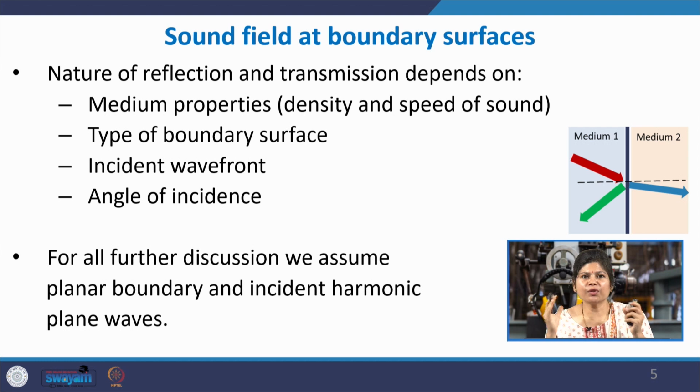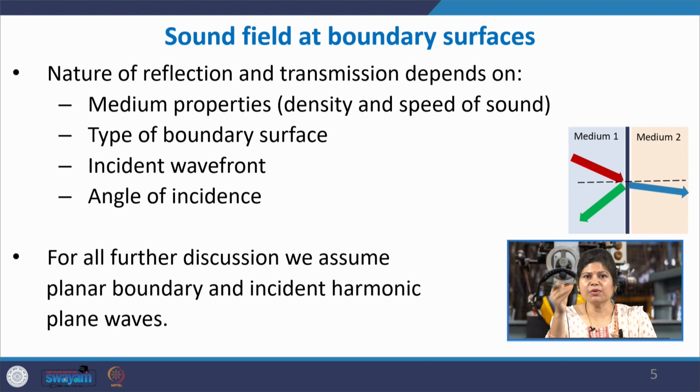Again, if you are thinking like a noise control engineer, as soon as you know there is a change in the medium, you see that some wave is reflecting back and only some portion is getting transmitted. So the first thing that comes to mind is that, suppose I have some machinery and I want to control the noise, let me put some barriers or different materials in the pathway of propagation.